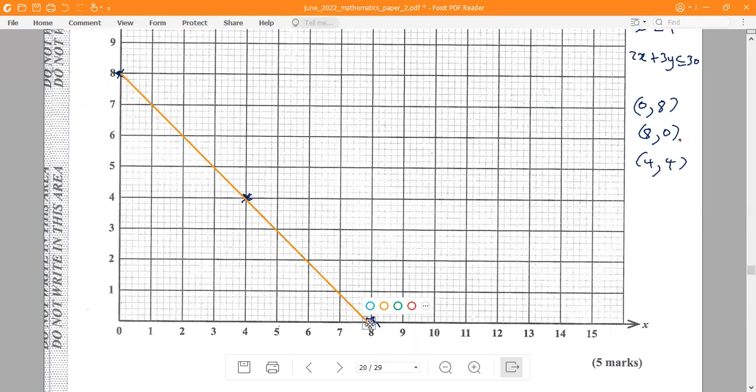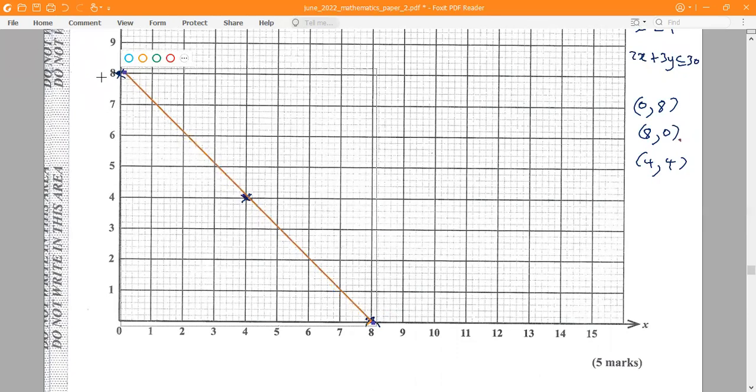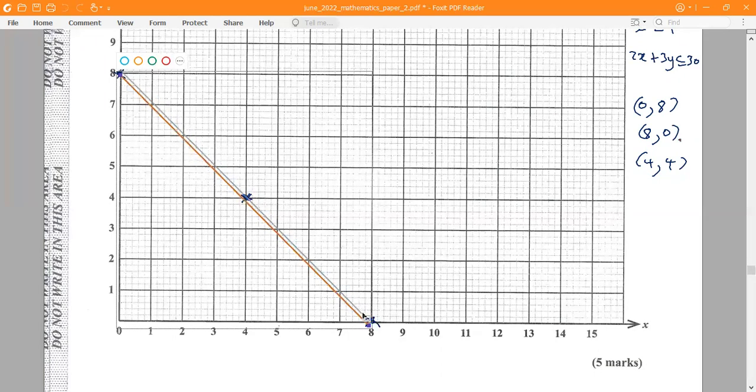Let's make sure I get this properly done. Yeah, trying to be as accurate as possible. Very good. All right, so let's move on to the other one.